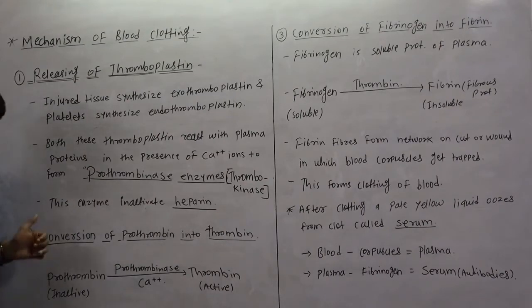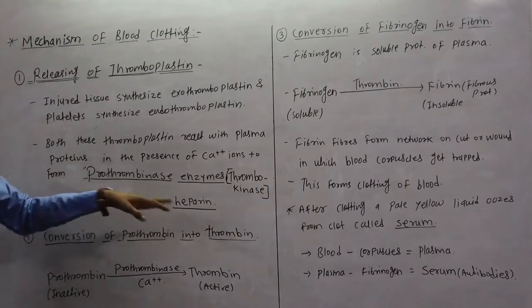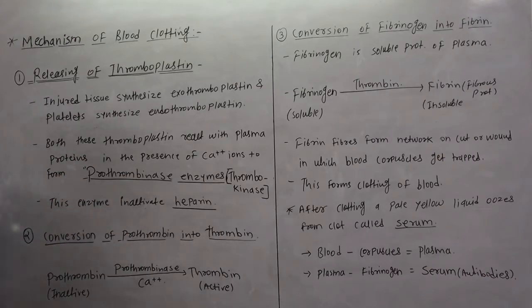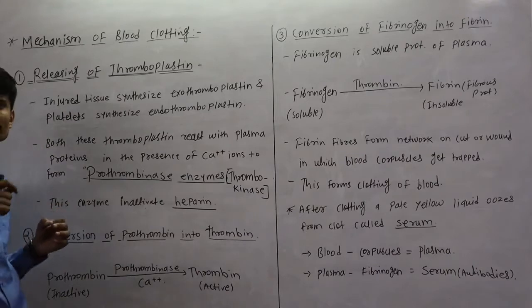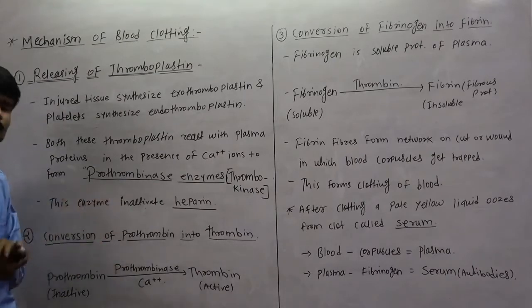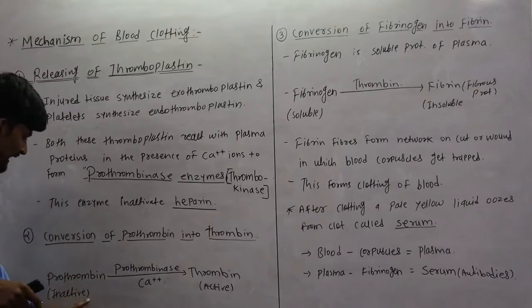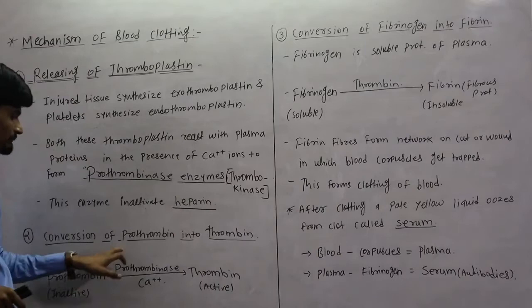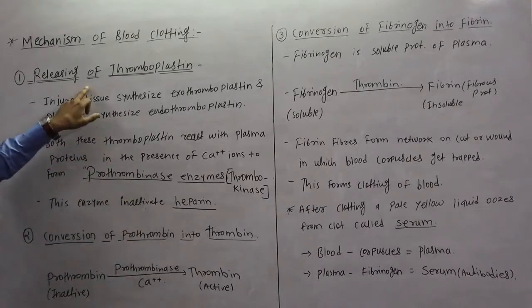The second step is the conversion of prothrombin into thrombin. You know that prothrombin is a protein present in the plasma. It is present in the inactive form, so it gets activated by the enzyme prothrombinase, which is formed in the first step.